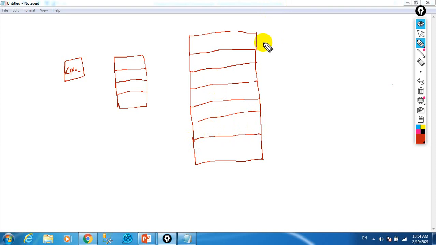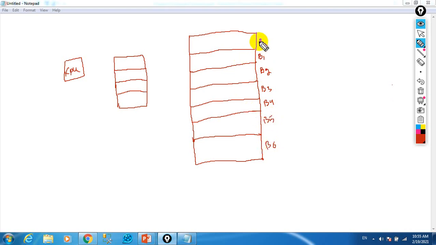For example, block 0, block 1, block 2, block 3, block 4, block 5 and block 6.